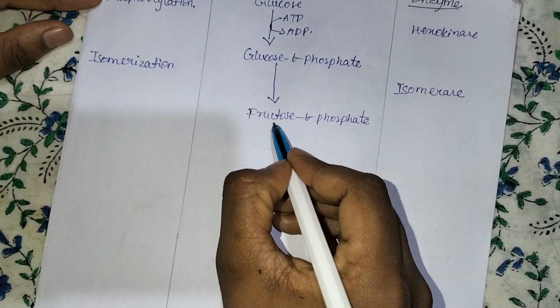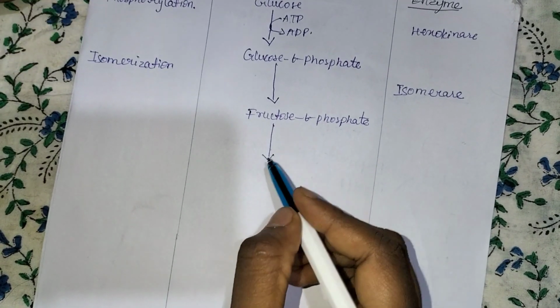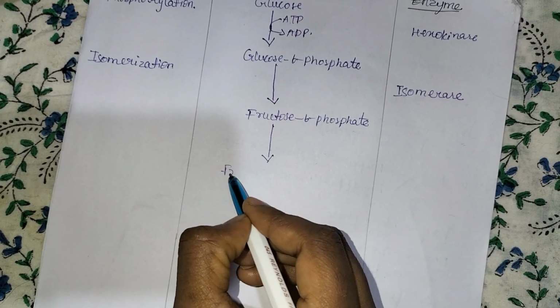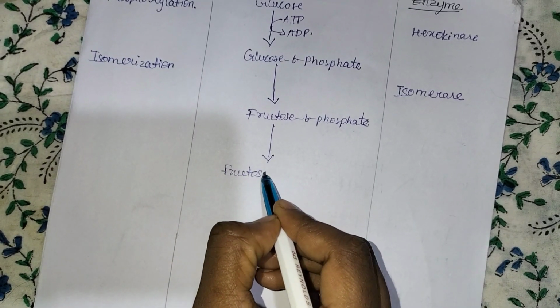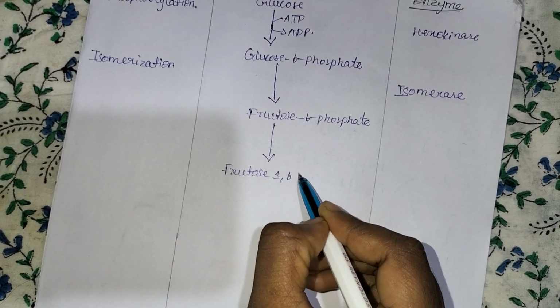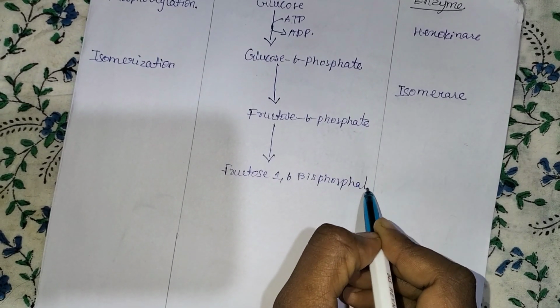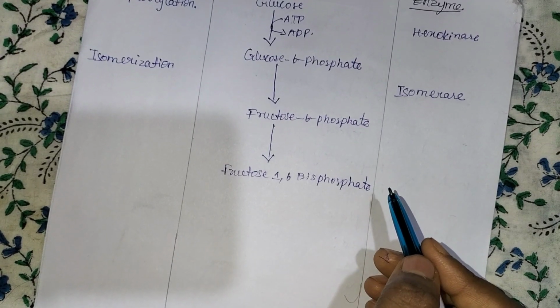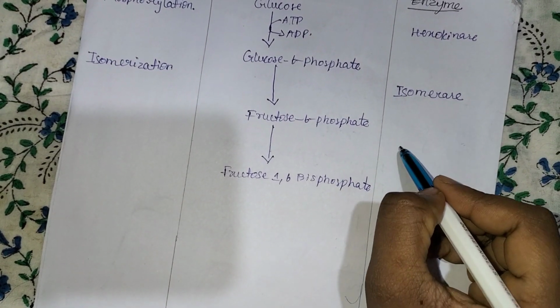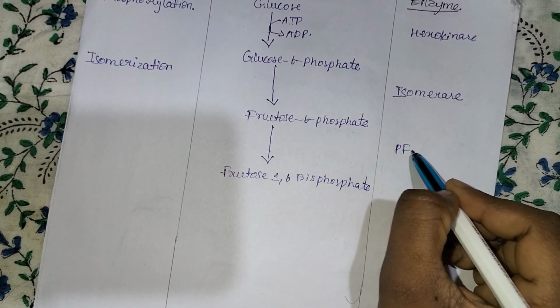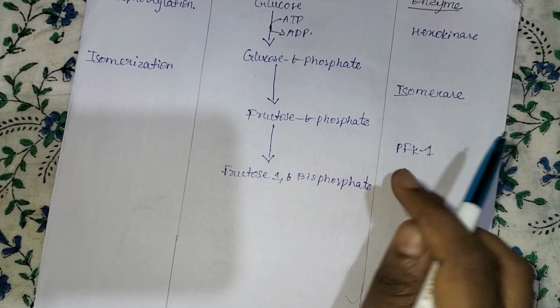Next, this fructose 6-phosphate is converted into fructose 1,6-bisphosphate, and the enzyme involved here is phosphofructokinase 1.